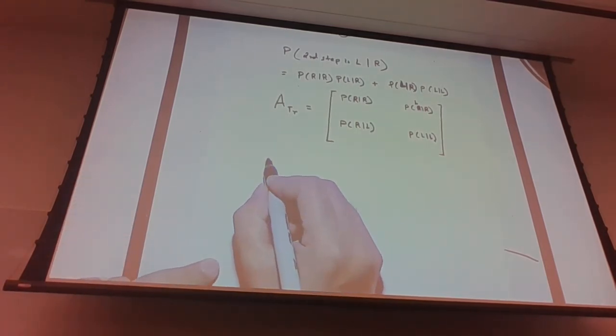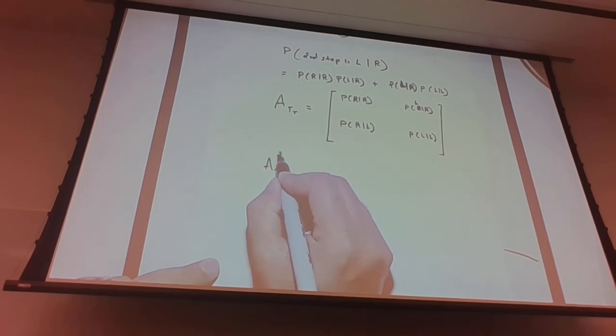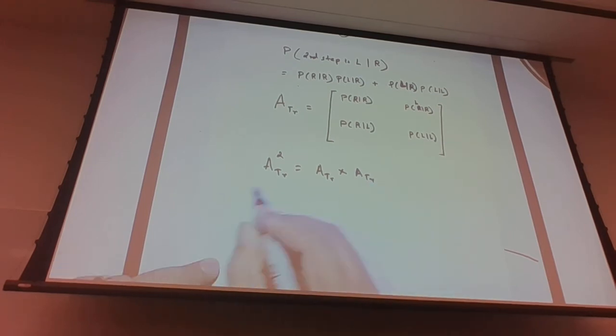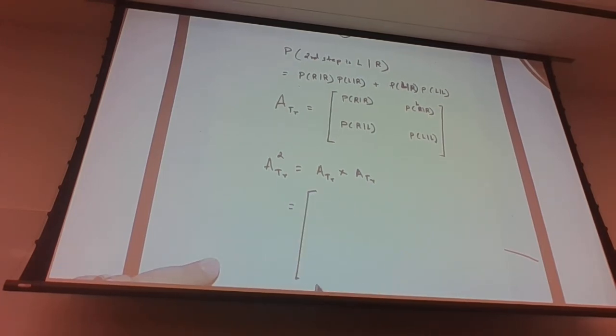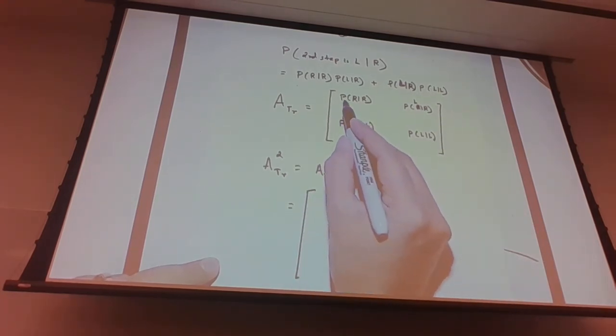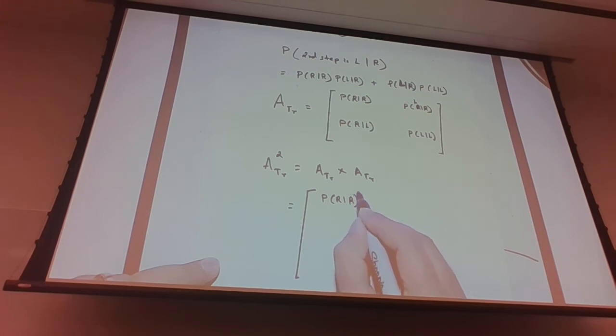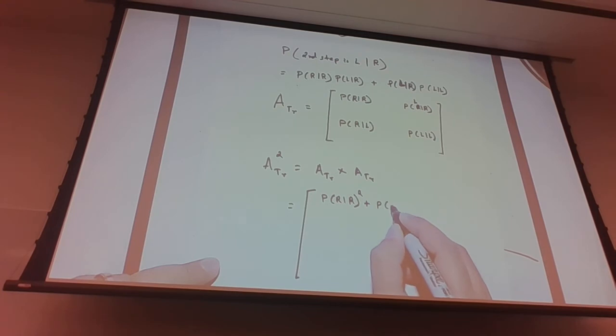Now if you do a square of the transition matrix, square means A multiplied by A. What will you get? If you multiply, you multiply this by this, right? So P(R|R) square plus P(R|L) P(L|R).